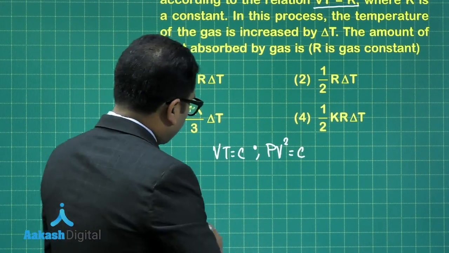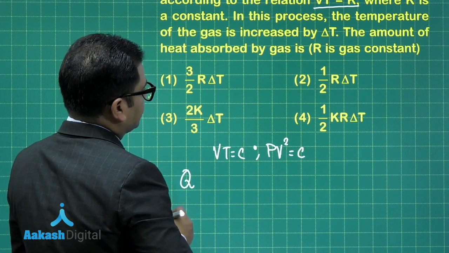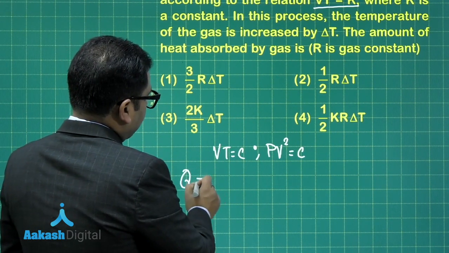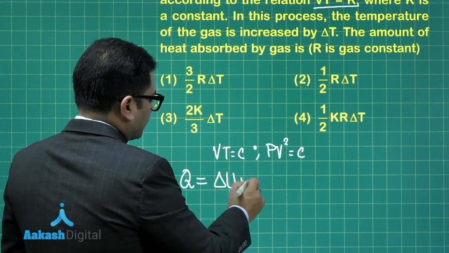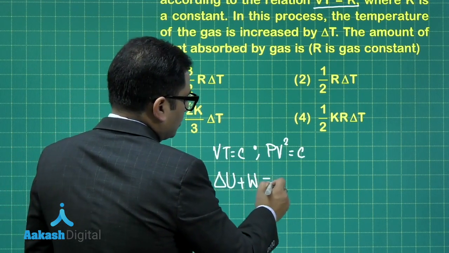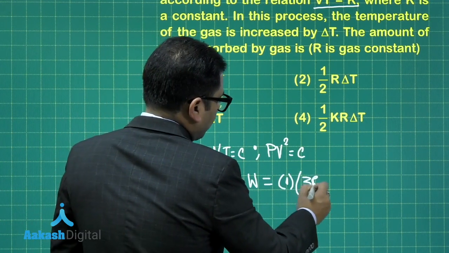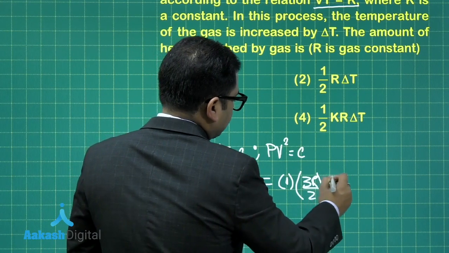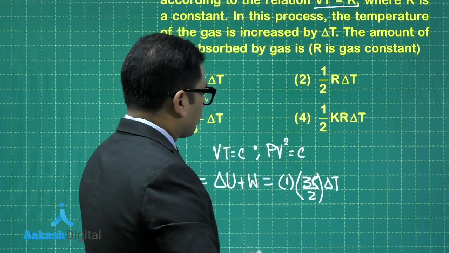Now, if I want to calculate the heat, that's delta U plus W. And for delta U, the number of moles is 1, Cv will be 3R by 2, into delta T, because all of us know that delta U is n Cv delta T. And what about the work done?